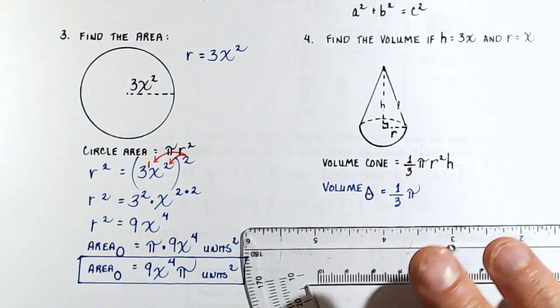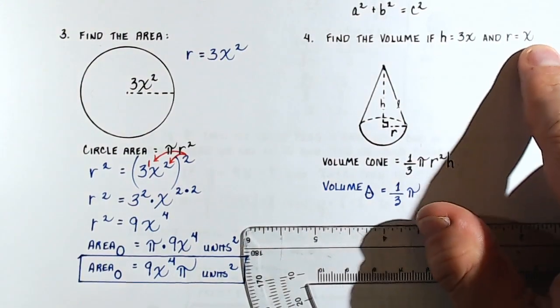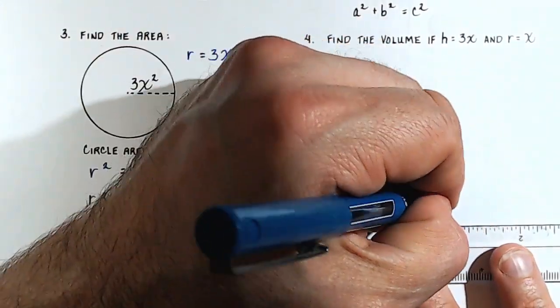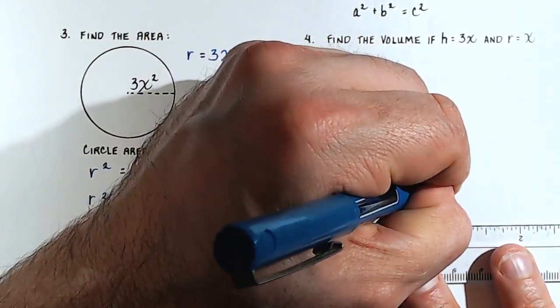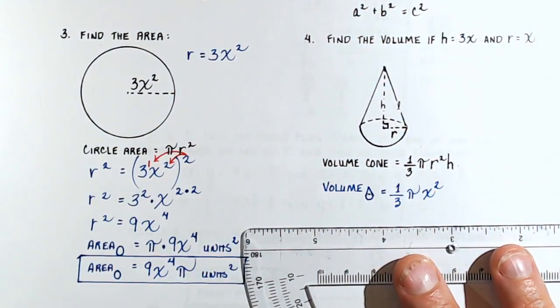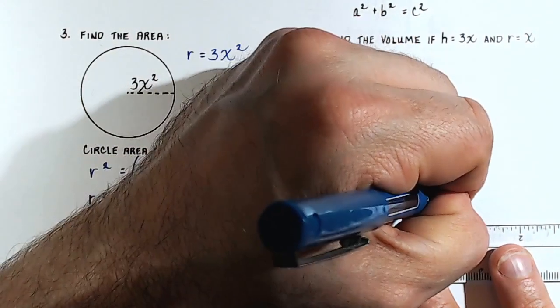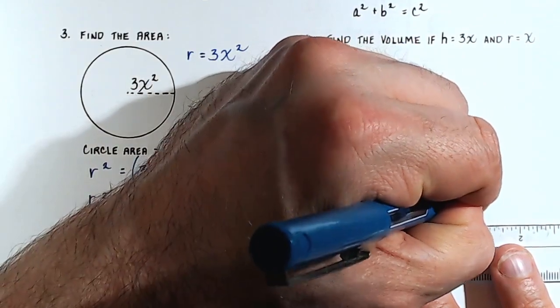And now I need to do r squared. Well, r is x, so x squared times the height, okay, times 3x.